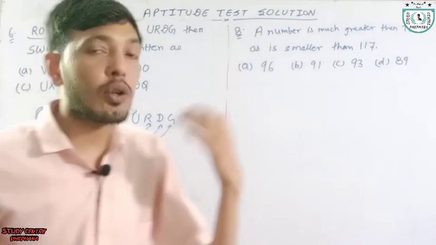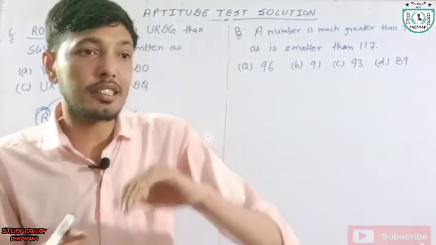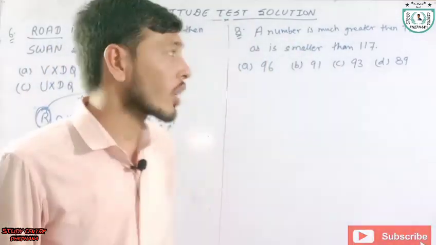Okay, now according to this coding language, the letter is written by adding 2 to the next letters.